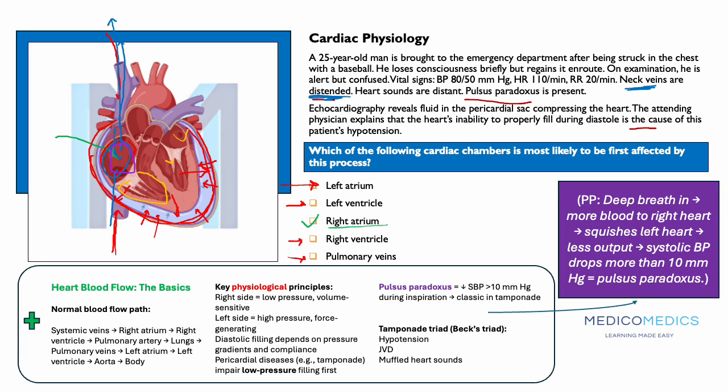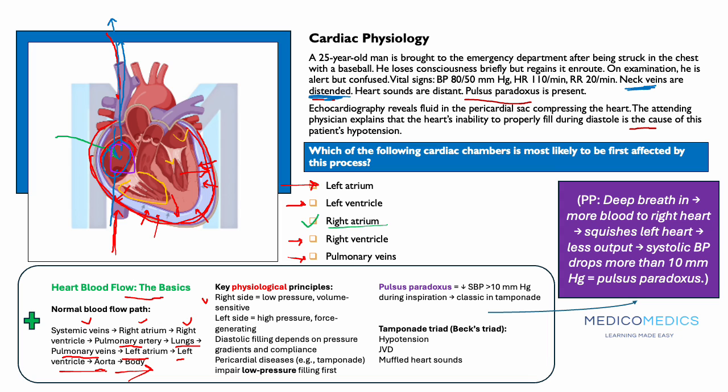Now here is the review. So normal heart flow. We have systemic veins delivering blood to our right atrium, continues to the right ventricle, through the pulmonary arteries, arrive at our lungs where it's getting oxygenated, returns with the pulmonary veins back to the left atrium, to the left ventricle, through the aorta, out to the body. Some key physiological principles.